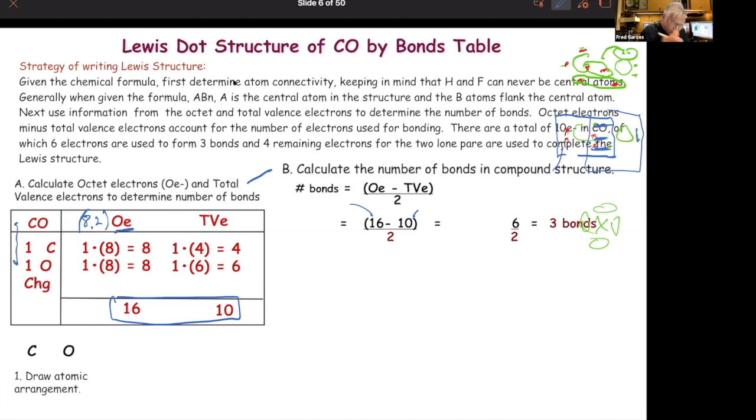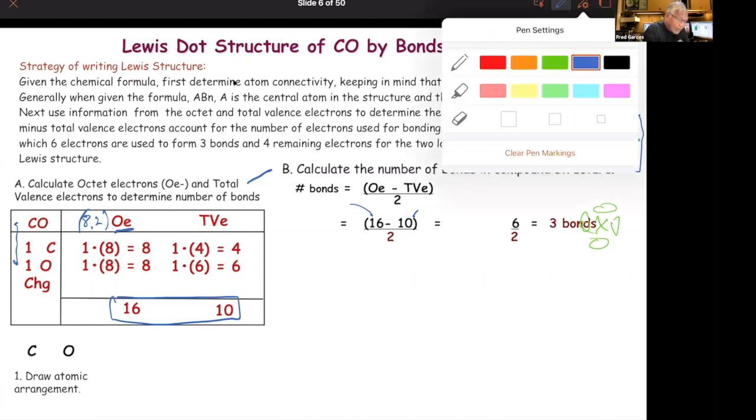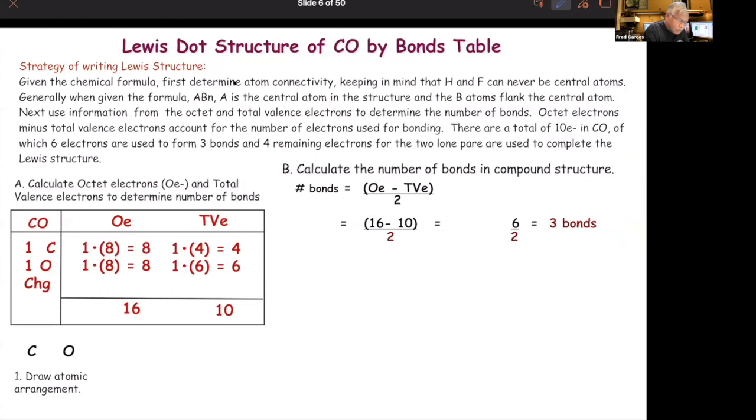That's the number of electrons you have to commit to the bonds. And then dividing it by 2 gives you 3 bonds. So that's what we're going to do. We're going to put the 2 atoms together, and we're just going to draw 3 lines, meaning 3 bonds, 6 electrons. Each line represents 2 electrons. Those 3 lines represent 6.